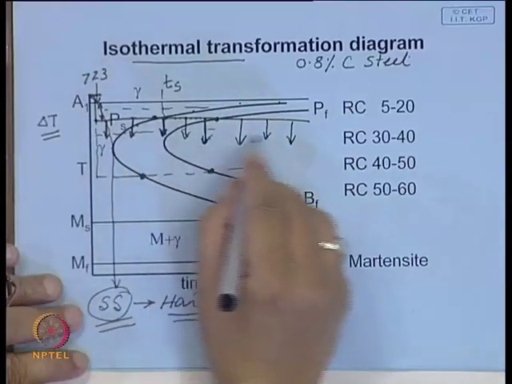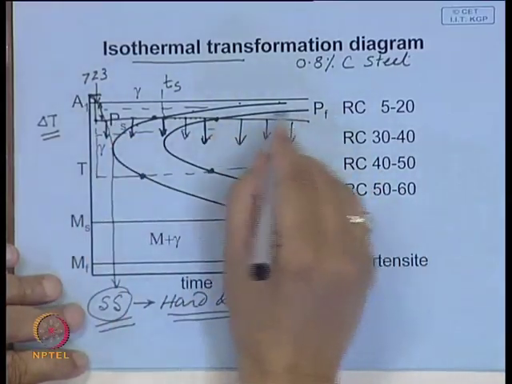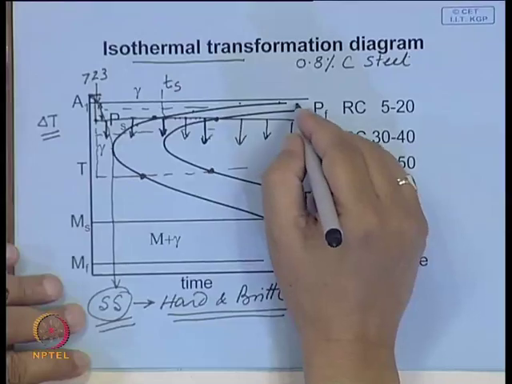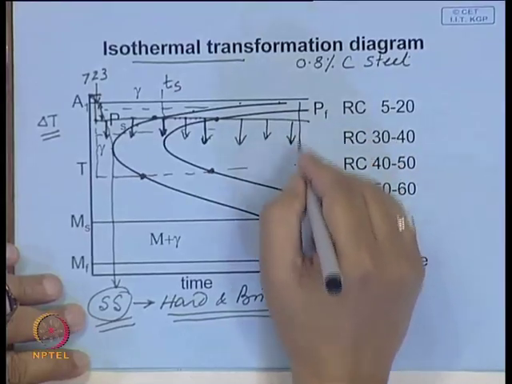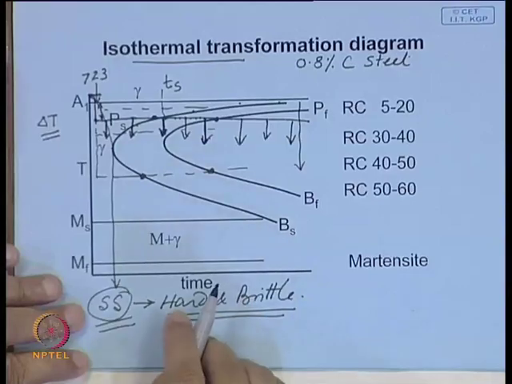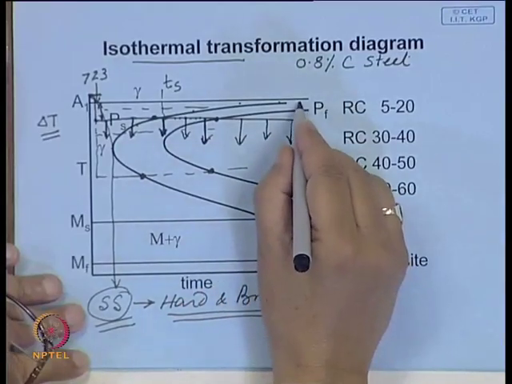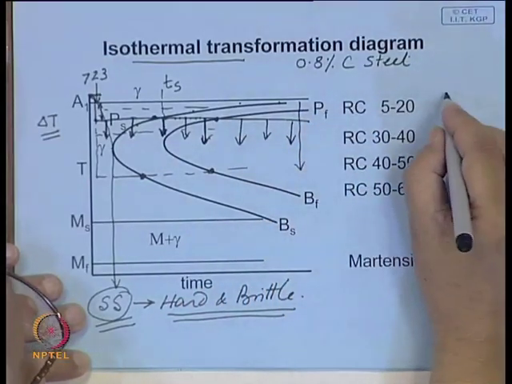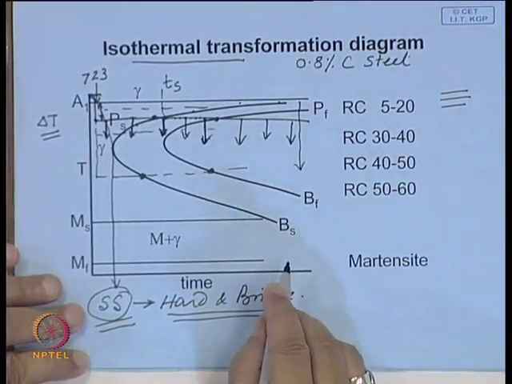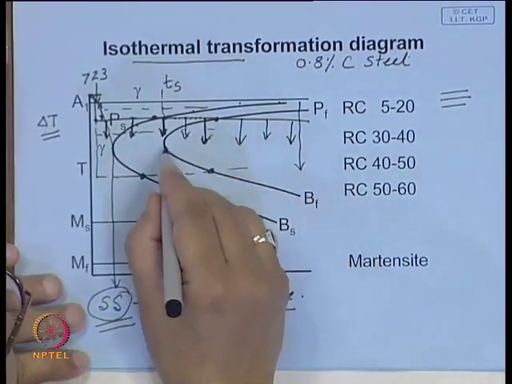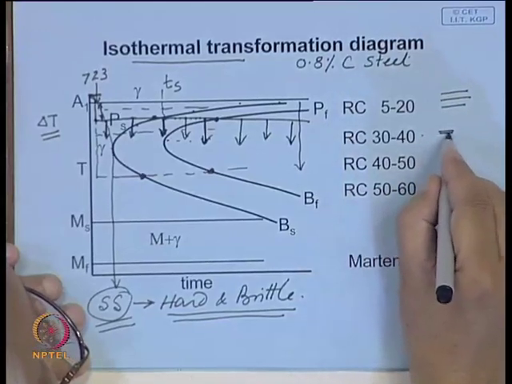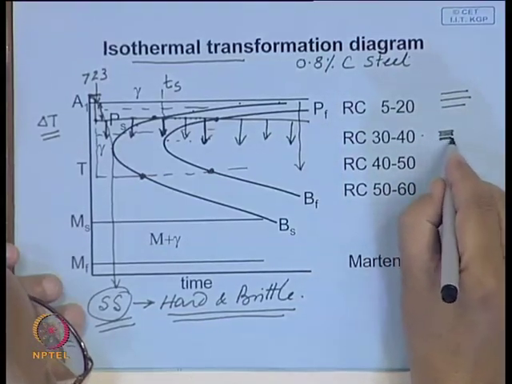And we have also seen that the structure that you get becomes finer as the transformation temperature goes down. Here it is a little coarse pearlite. Coarse pearlite means these lamellae are wide apart, whereas if you are cooling somewhere here, these lamellae are much finer.